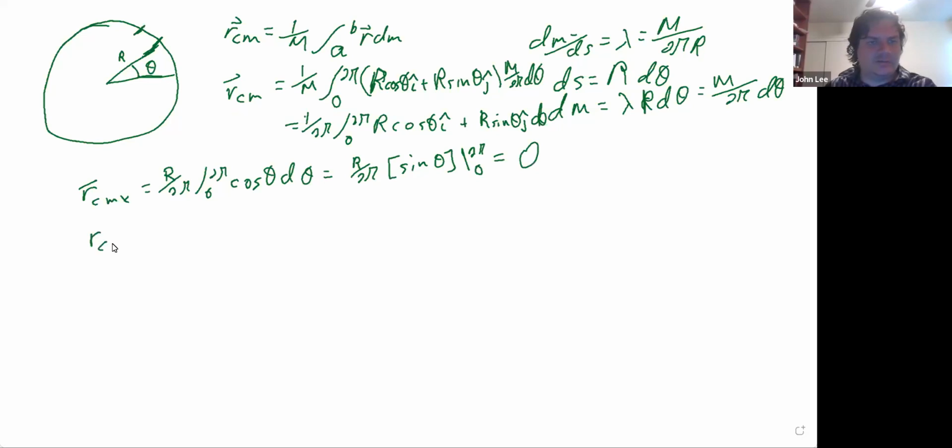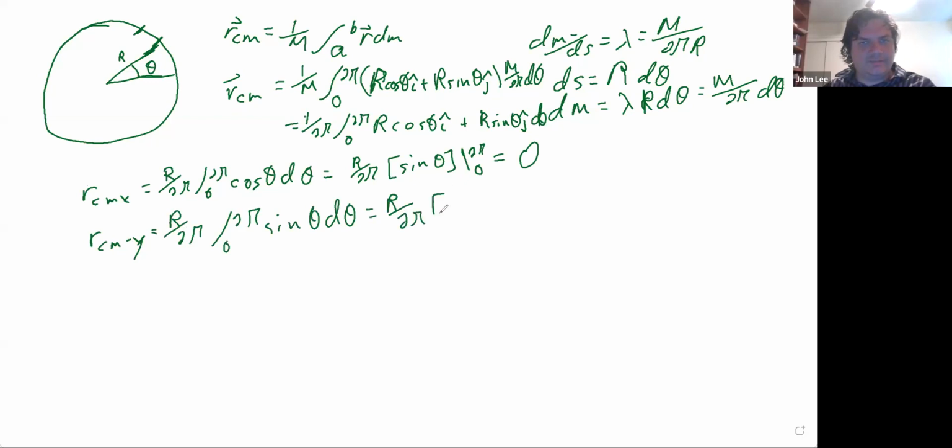And then our center of mass y is equal to r over 2 pi, integral from 0 to 2 pi of sine theta d theta, equals r over 2 pi times negative cosine theta from 0 to 2 pi, which is again equal to 0.